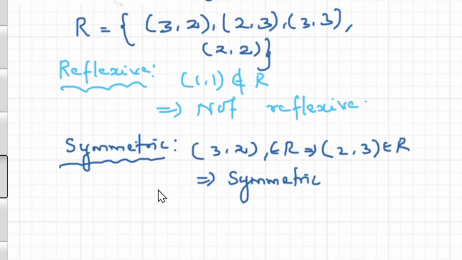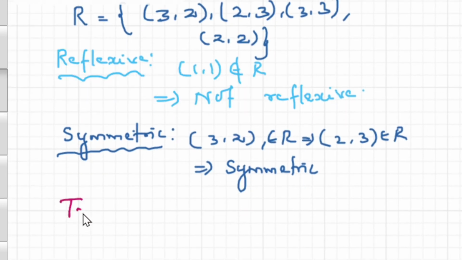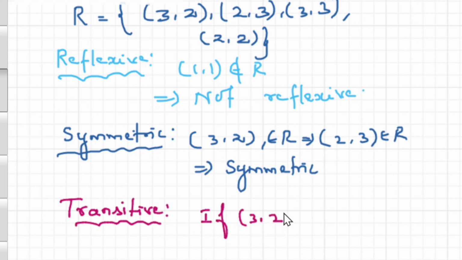And now we are going to check for transitive. Let us consider 3 comma 2 belongs to R and 2 comma 3 belongs to R, then here these two are the same, no?